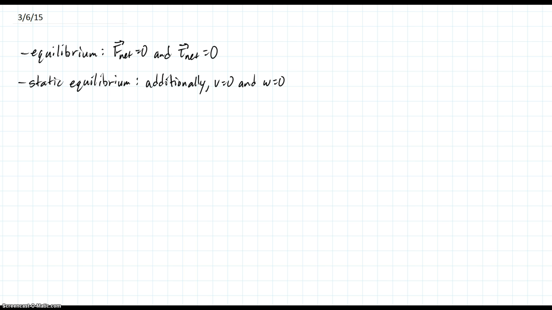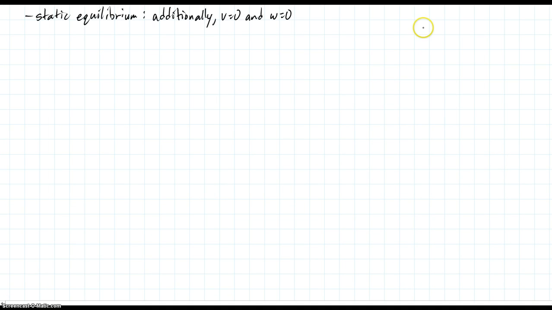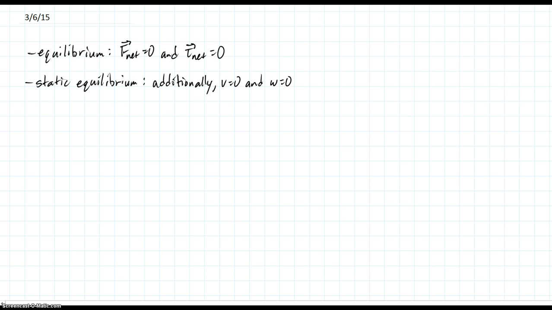One thing that is very convenient about problems where the net torque equals zero is that if the net torque equals zero with respect to one axis of rotation, it equals zero with respect to all rotation axes.